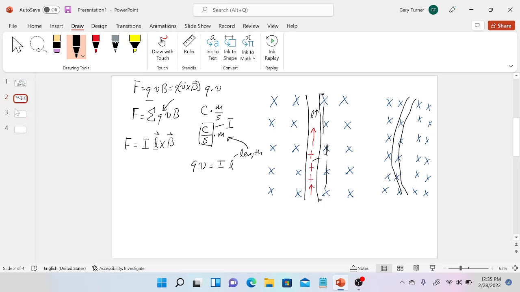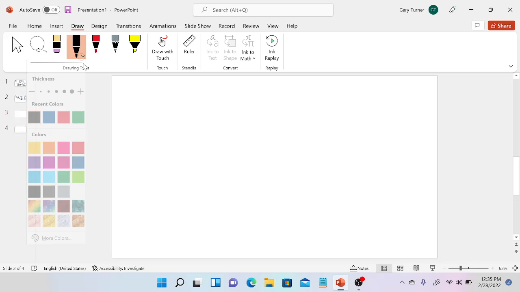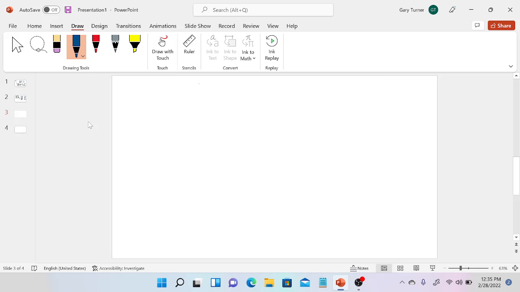So, for example, let's say we have this kind of circuit where we've got a uniform magnetic field. Let's actually keep it more toward the middle here.